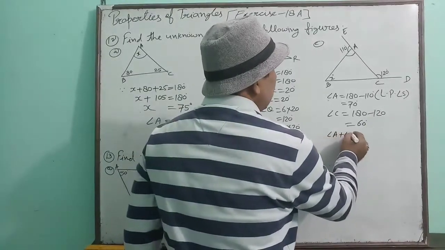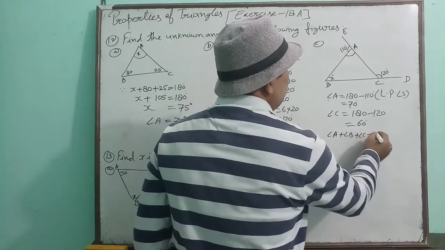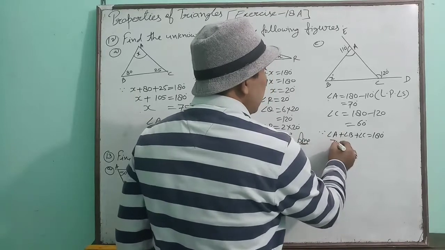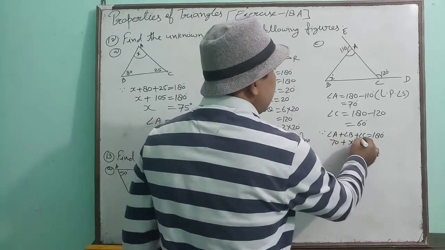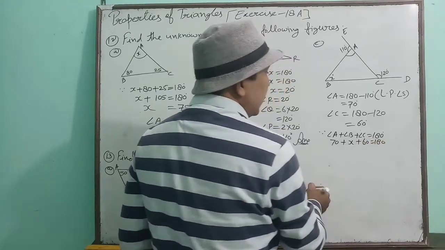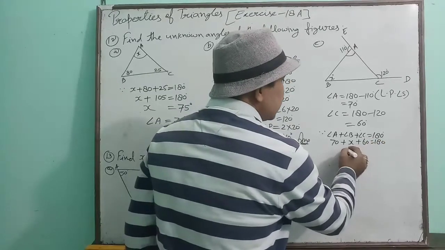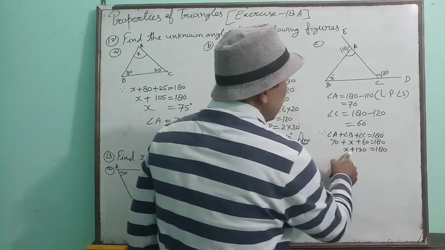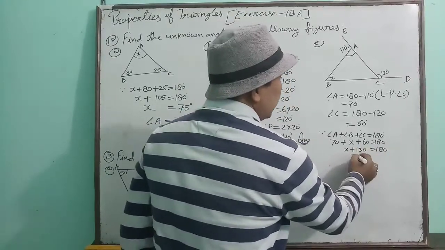Now apply the angle sum property. We know that angle A plus angle B plus angle C is equal to 180 degree. Now angle A is 70, angle B is x, angle C is 60. So here 70 plus 60 is 130. That means x plus 130 is equal to 180.